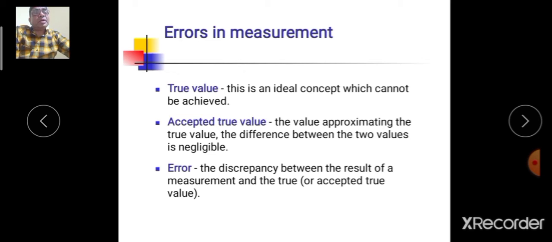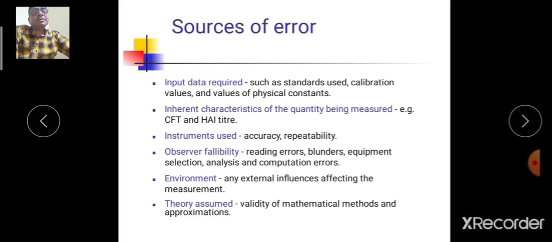And therefore, accepted true values are calculated, that is the value approximating the true value, where the difference between the two values is negligible, and therefore accepted true values are considered. The error is the discrepancy between the result of measurement and the true, that is our accepted true value. It is a difference, and that difference is called an error.